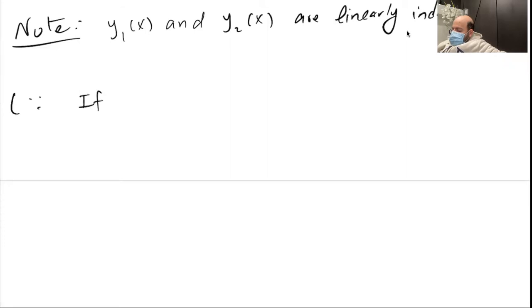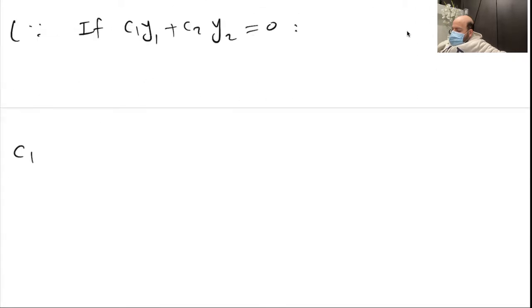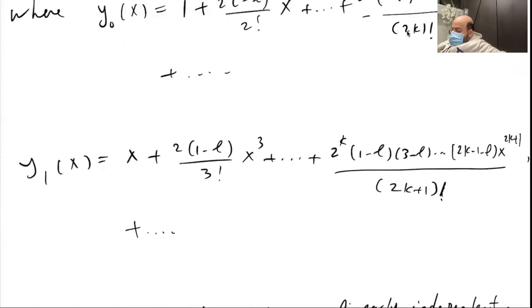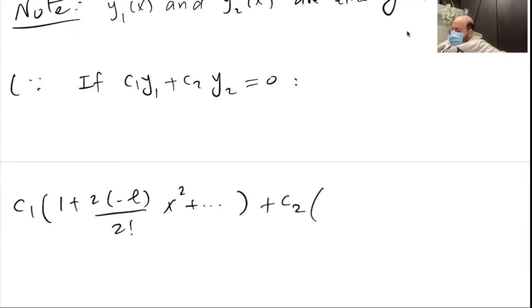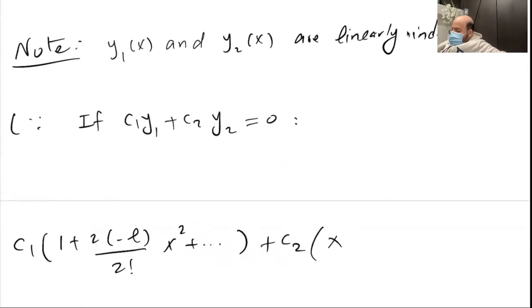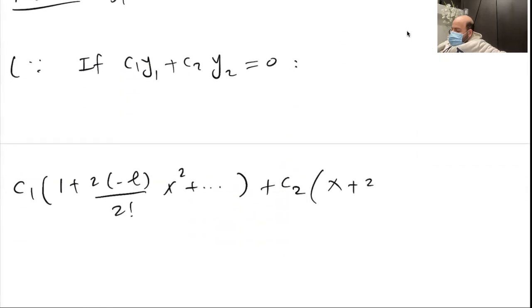Because if c1 y1 plus c2 y2 equals 0, then I'll have c1 times y1, which is 1 plus 2 times minus L divided by 2 factorial x squared, plus c2 times y2, which is x plus 2 times 1 minus L over 3 factorial x cubed.